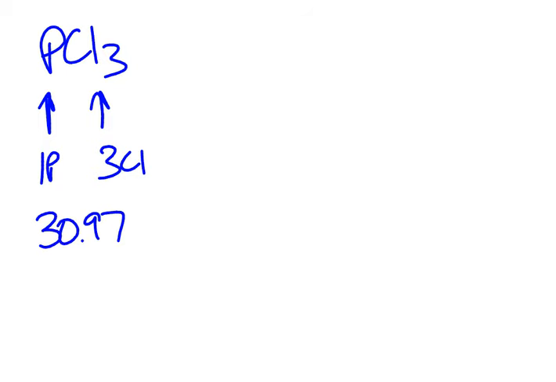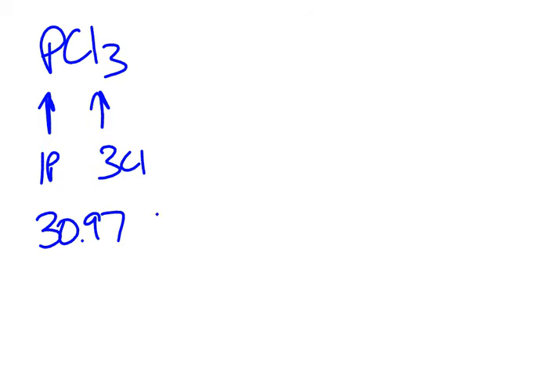Well, as it turns out, remember, we had 1 phosphorus and 3 chlorines, correct? The molar mass of the entire formula, or what we call the formula weight, is the sum of all the molar masses of the individual atoms. So, for example, phosphorus has a molar mass of 30.97 grams per mole.